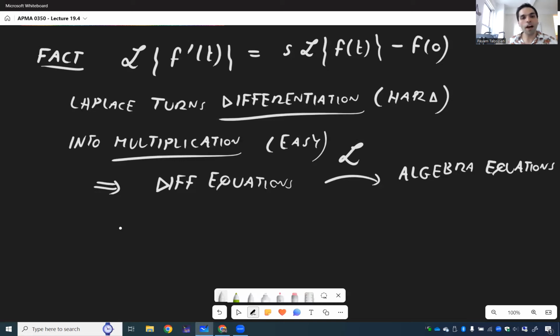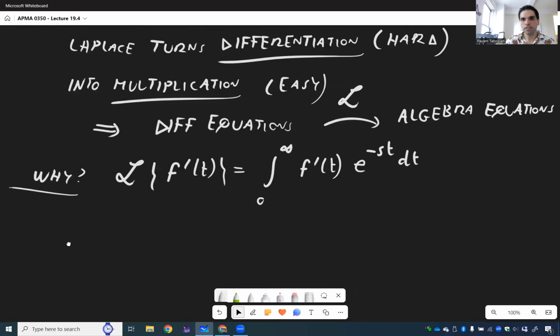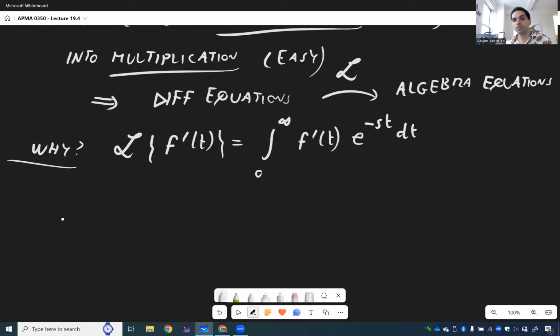Now, you may wonder, why is this true? It's just based on an integration by parts, because the Laplace transform of f prime of t, by definition, is the integral from 0 to infinity of f prime of t, e to the minus st dt. So think of f prime as dv.